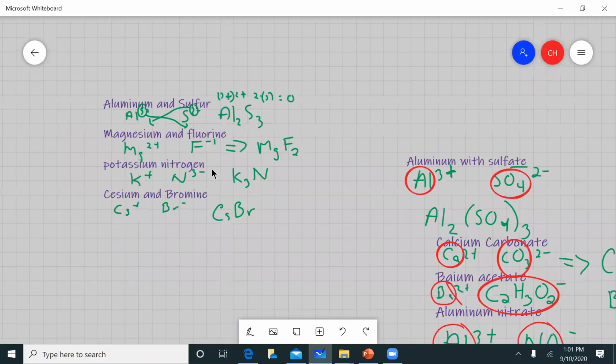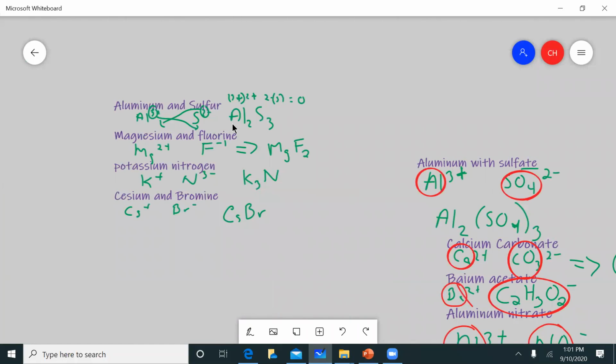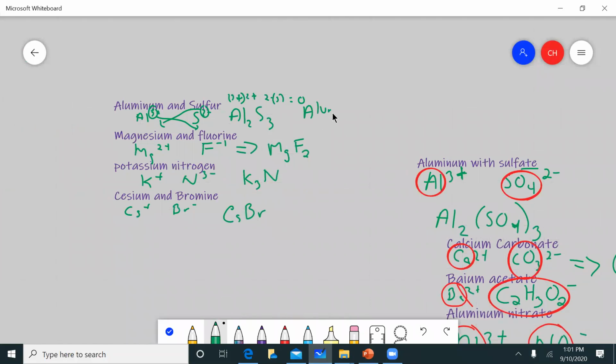Okay. So I'm looking at this thing here and I want to name this. So first I determine, is it a metal and a non-metal, or is it 2 or more non-metals? This is a metal and a non-metal, so I get to use my system where I start first by writing the name of the metal. So I go aluminum.